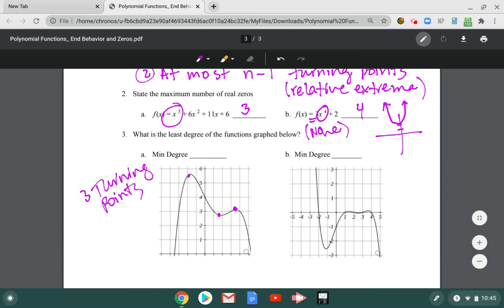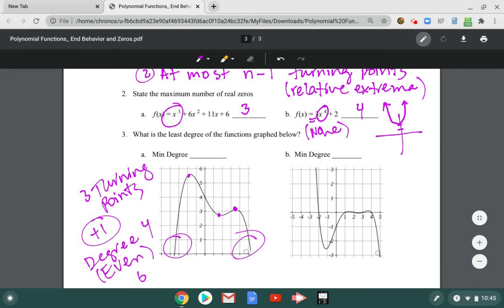So I know that this guy's got to be, if I do my +1 business here, at least degree 4. So I know that I'm going to have those turning points. So it could be a higher degree. Notice the end behavior. It definitely has to be even. So it could be actually degree 6 or degree 8, but a minimum degree here would be degree 4.